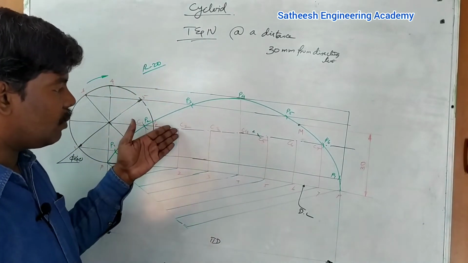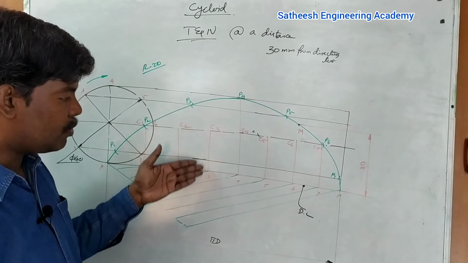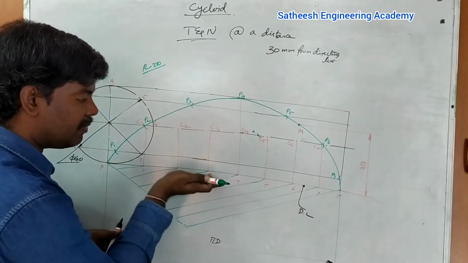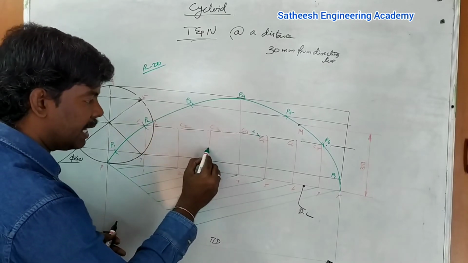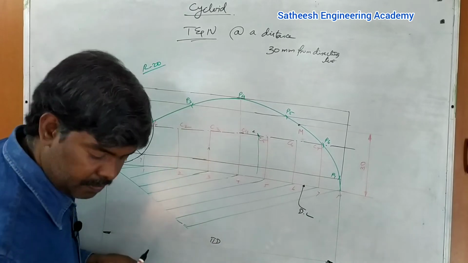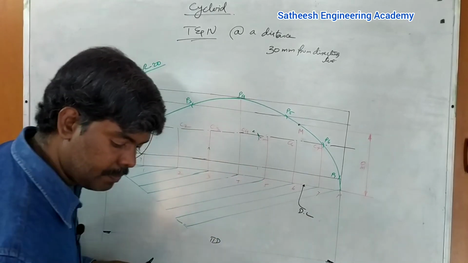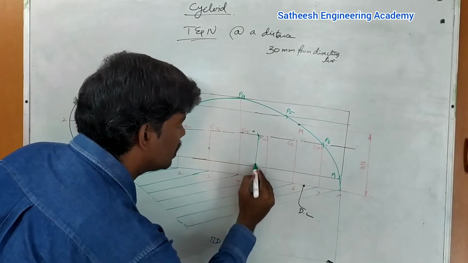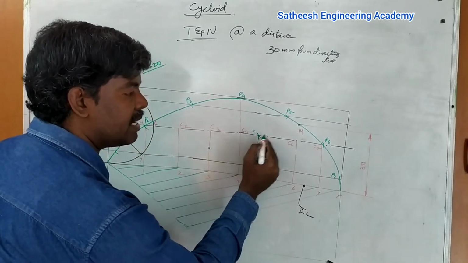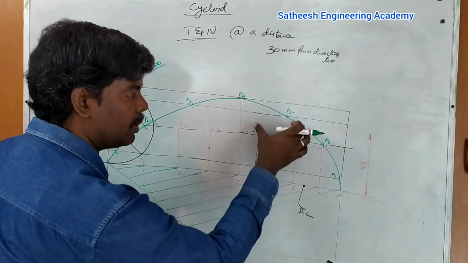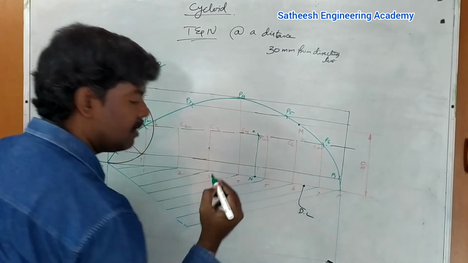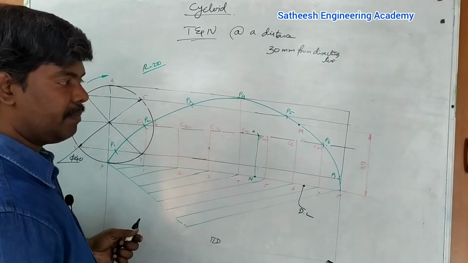The centers C1, C2, C3 were projected upward from the directing line; now here we project downward. That point obtained from M with radius 20, let us call N. N stands for the normal's starting point.